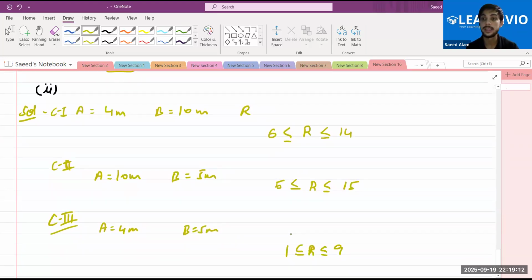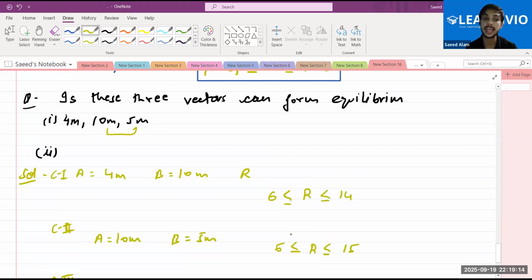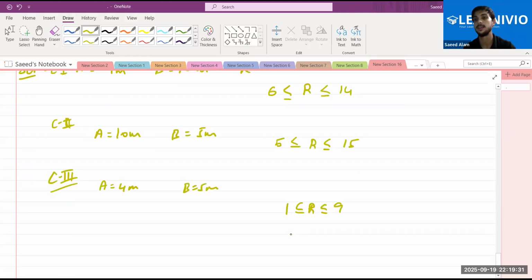No. That means there is no way that I can keep 4, 10, and 5 and they should form an equilibrium. Understood? Is this clear to you? Yes. There is no way I can keep 4, 10, and 5 so that these three vectors are in equilibrium.